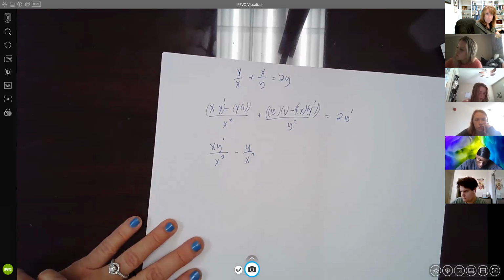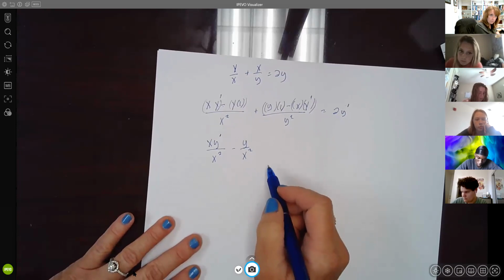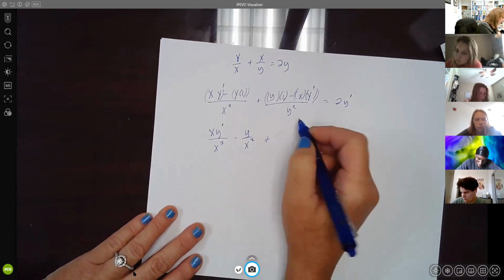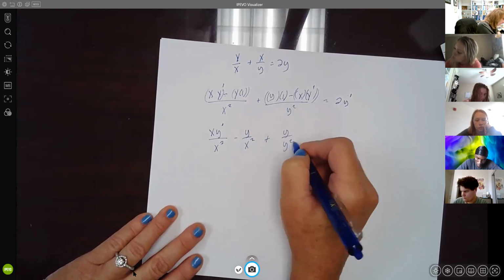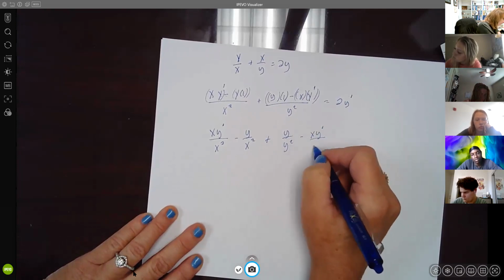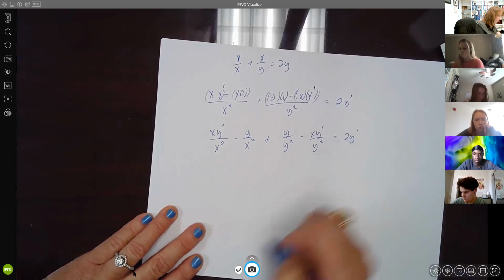Do y'all agree with that? Let me know if you can't see this at any point. Plus, repeat the process: y over y squared minus xy prime all over y squared equals, of course, 2y prime.